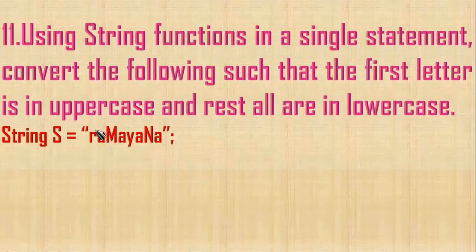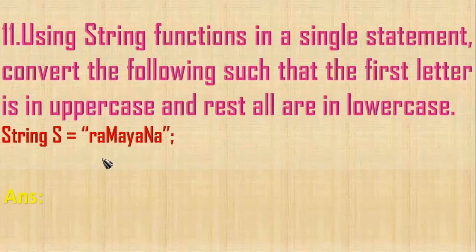To convert to uppercase, we know we will give toUpperCase. And to change into lowercase, leaving the first letter, all other letters should be taken, then we are supposed to give toLowerCase. How do we extract the first letter using string functions? We know that we have substring. So we can give s.substring(0,1). That will take only the character at index 0, and the rest it will not take.